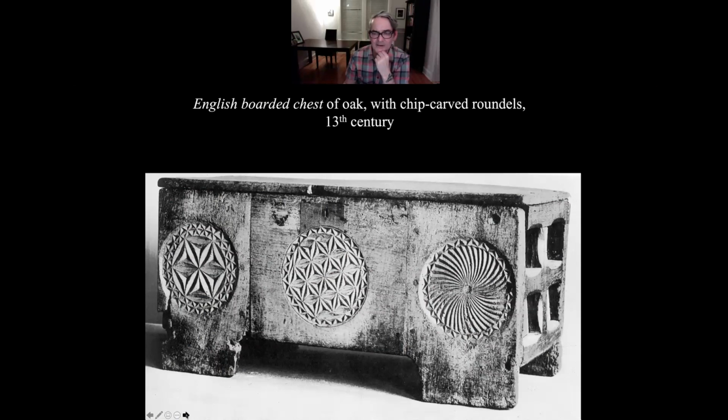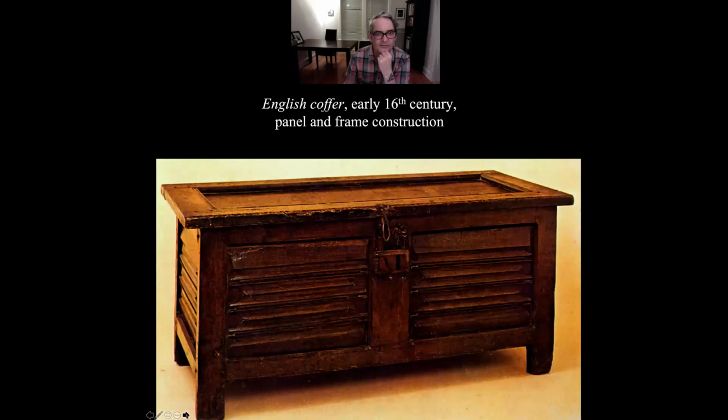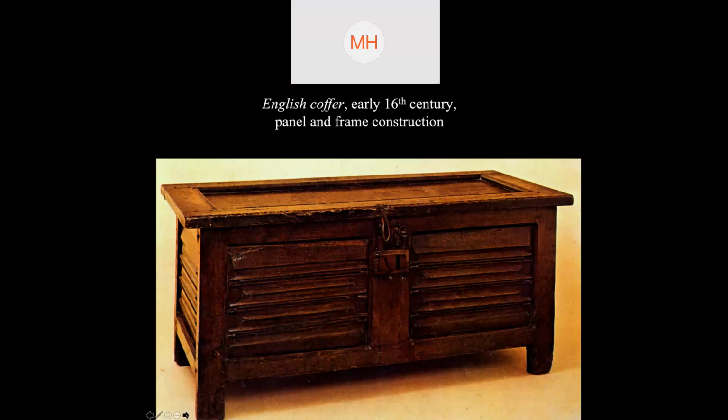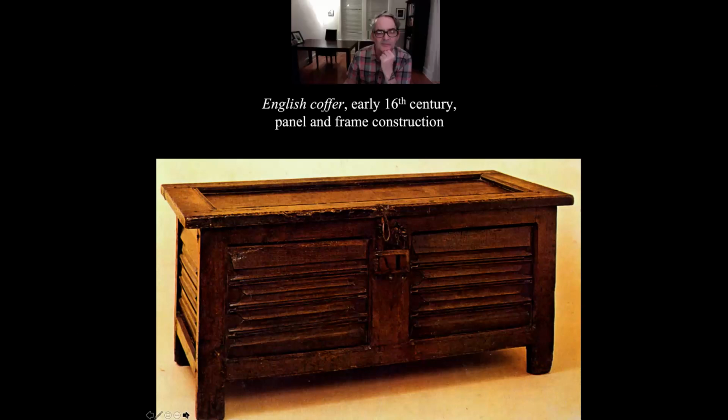This is kind of like they got sent back when Rome fell. A little bit later, this is early 1500s, this panel and frame construction. So you have the frame here.